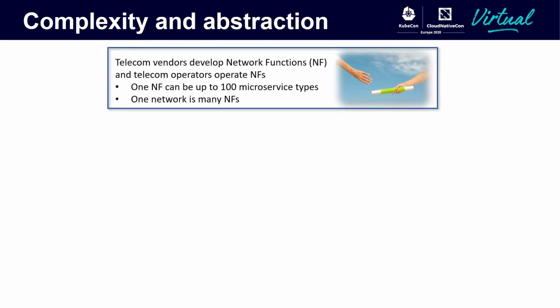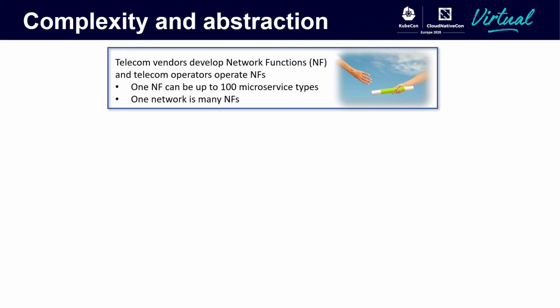So, as Tamas already mentioned, my name is Henrik Saavedra Persson, and I'll give you a little more details into the complexity and abstraction that we need to address within the telecom domain as such. So, the first one, if we look into what we really provide, like any other telecom vendors, is that we develop network functions, or an NF, so that's the software we really develop.